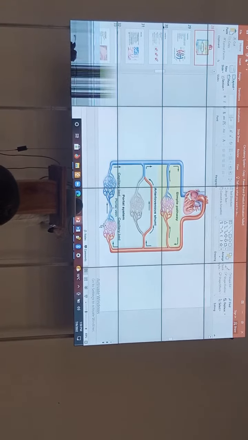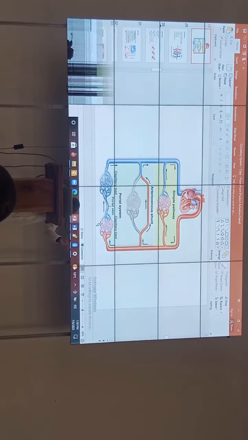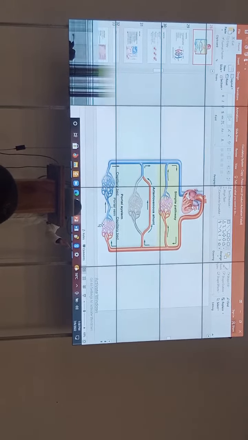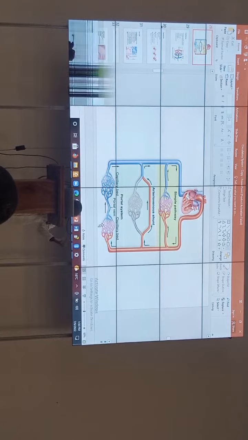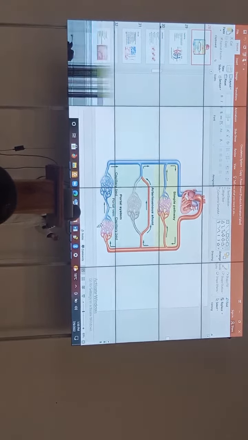Okay? Once that happens, the pulmonary valve and the aortic valve must close so that the atrioventricular valves can do what? Open.